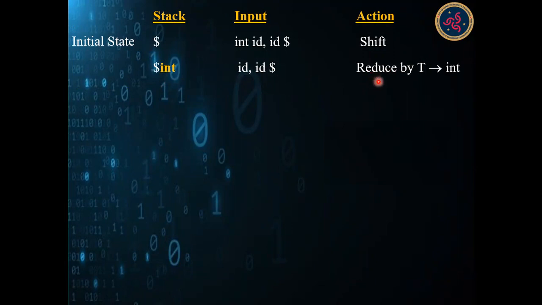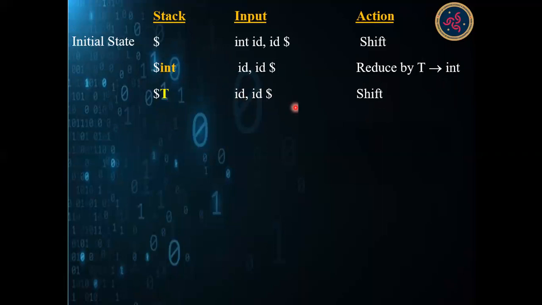From the given grammar, we have a production T gives int. So here the stack top is int, and the right hand side of this production can be replaced by the left hand side of this production. So inside the stack, this int will be popped out, and we push the non-terminal T to the stack. The input buffer will remain the same as it is.